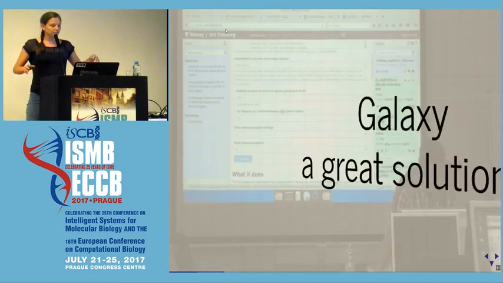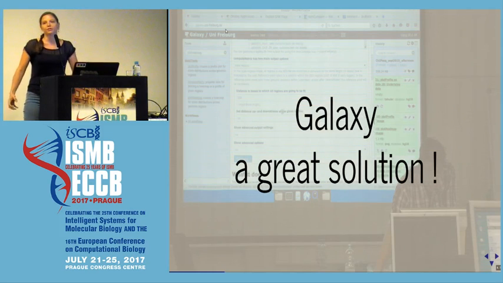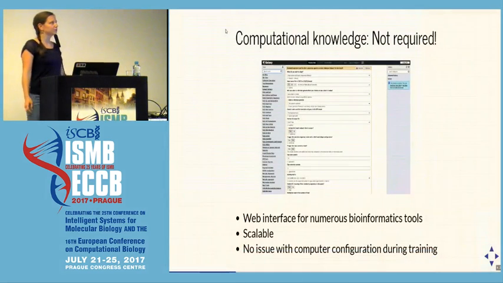And Galaxy could be a great solution to learn or to train on bioinformatics. Why? Because first, you don't need any computational knowledge to use Galaxy. You have a web interface for numerous bioinformatics tools, almost 5,000 now.